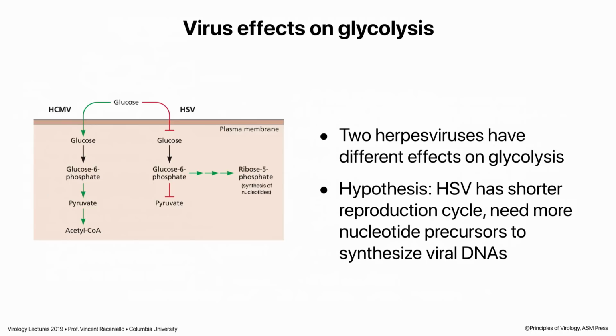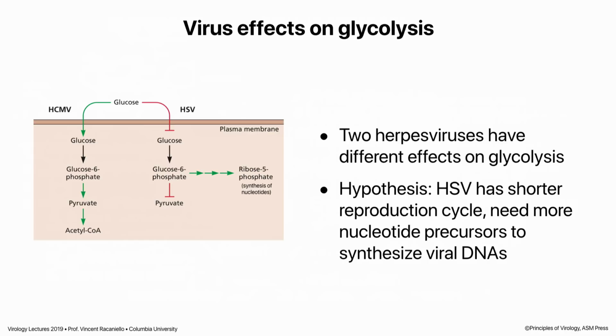So for example, in cells infected by human cytomegalovirus, that's a herpes virus, the infection stimulates the uptake of glucose. It upregulates the glucose transporters and makes a lot of acetyl-CoA. Interestingly, in cells infected with herpes simplex virus, the glucose import is inhibited.